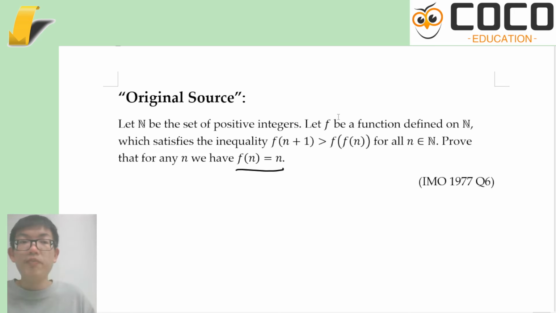That could be in Singapore, that could be in the US, that could be in the UK. Obviously, when I say confidence, there's different degrees of confidence. But would you have even tried the question if I introduced it to you as an IMO Q6, or if your teacher introduced it to you as an IMO Q6? Perhaps not. See where this is going?